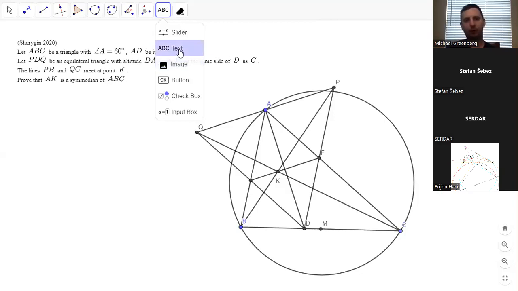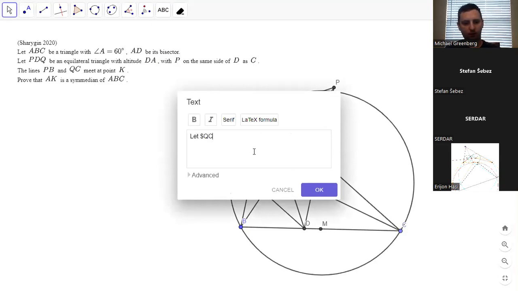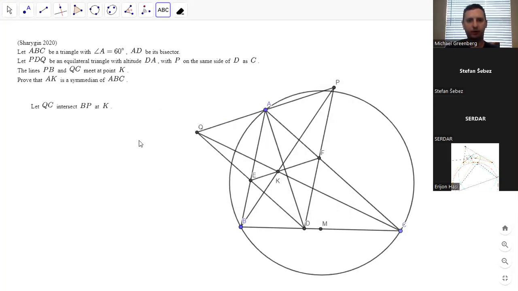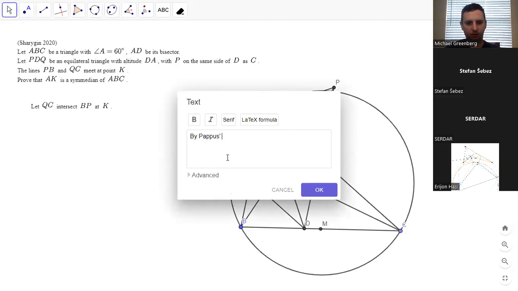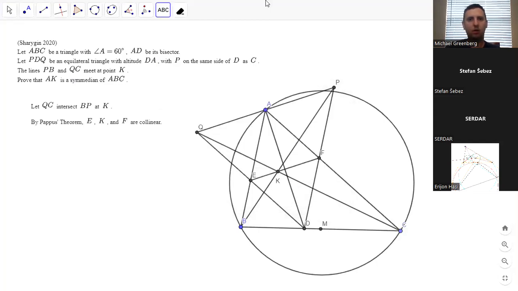I'm going to type out what we know so far. Let QC intersect BP at K. And then by Pappus's theorem, E, K, and F are collinear. Let me just type what I have so far.